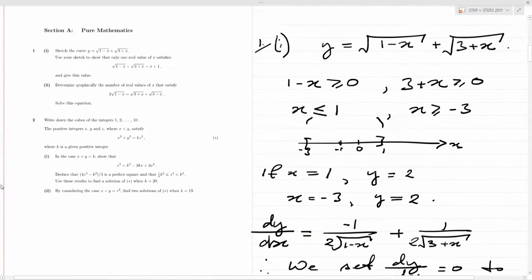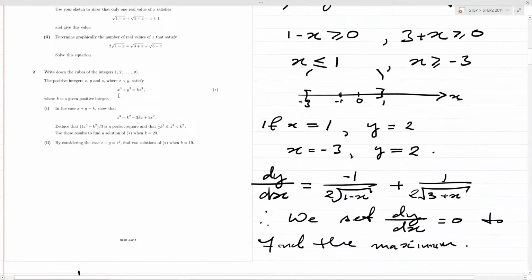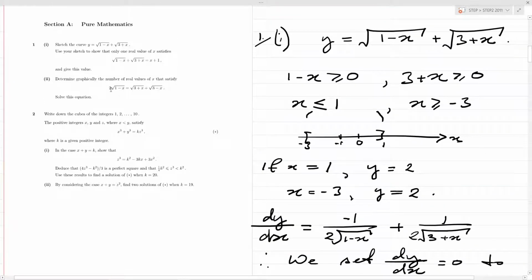So if we go back and see what part 2 is asking us. So we've got to determine graphically the number of values that satisfy this equation now. So this one looks a little bit harder because before we had some other y equals x plus 1 rather than square roots everywhere. And so immediately what we have to think about is maybe considering the left-hand side as a function of y, and then the right-hand side as a function of y, or at least set the graph y equals to the left-hand side and y equals to the right-hand side.